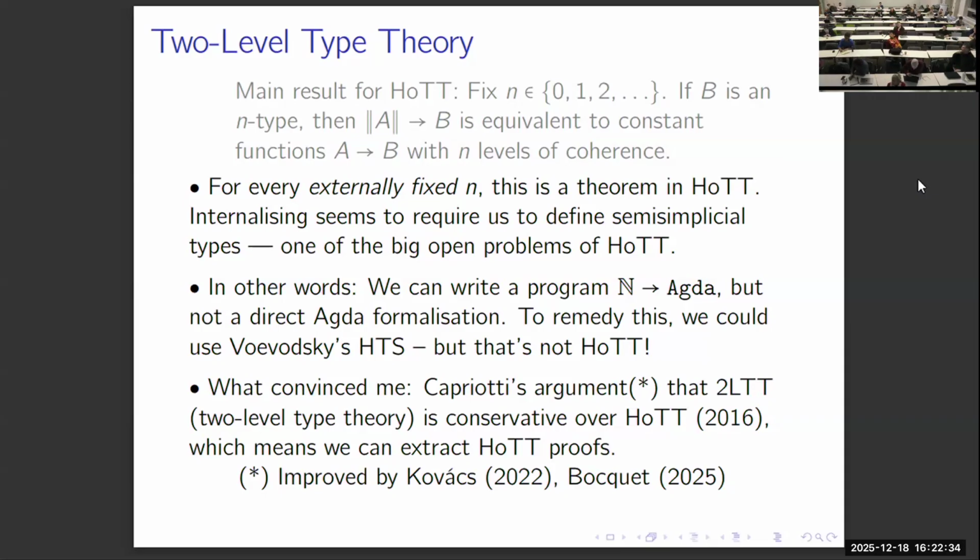Maybe it's the same question that Andre asked in a different way. Is it then not known whether the internal statement inside HoTT, for all n, is true? It's like semi-simplicial types: you don't know if you can build them. But the problem is that you don't even know whether you can make this statement internally. So formulating the statement is probably as hard as proving it.